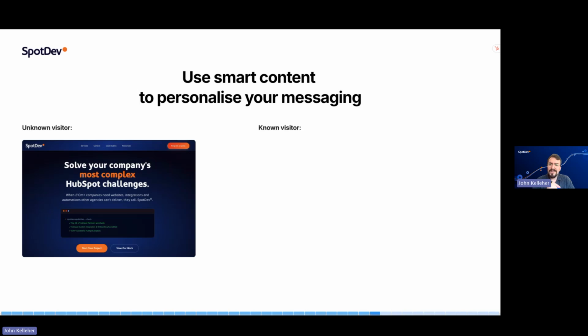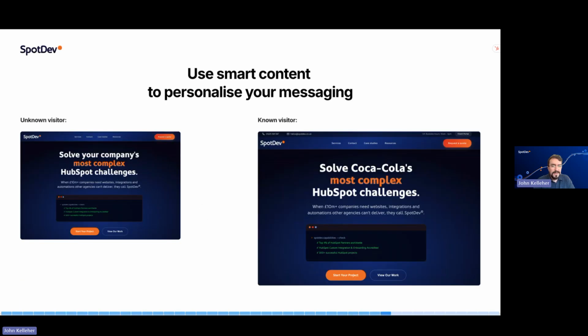But if we do know who you are, if our CRM and website are talking together perfectly and we've got absolute certainty about who is on the page, our website is that little bit more intelligent and it will use smart content. If you were from Coca-Cola, it would say, solve Coca-Cola's most complex HubSpot challenges.